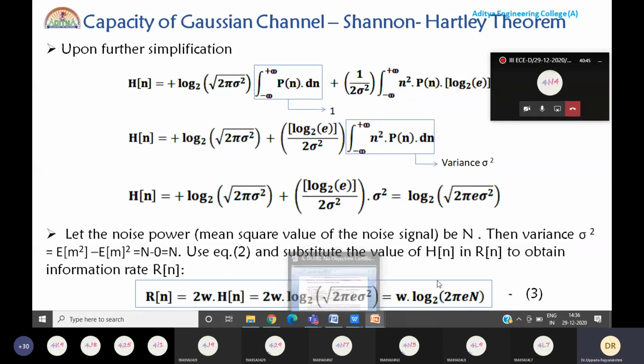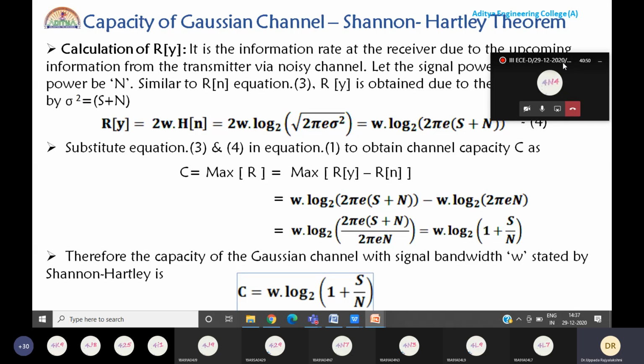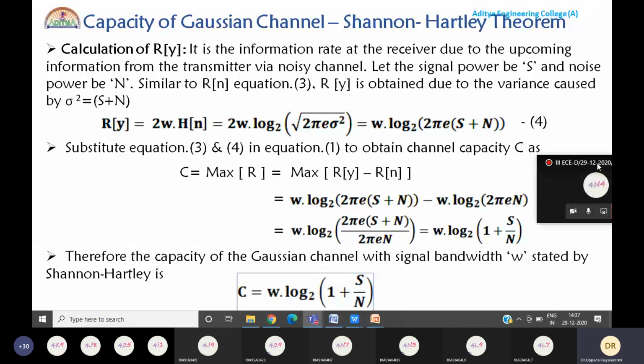So R of N is equal to omega log 2 pi E N base 2. Take this equation. Now let us calculate the value of R of Y. So what is R of Y? It is the information rate at the receiver due to upcoming information from the transmitter via noisy channel.